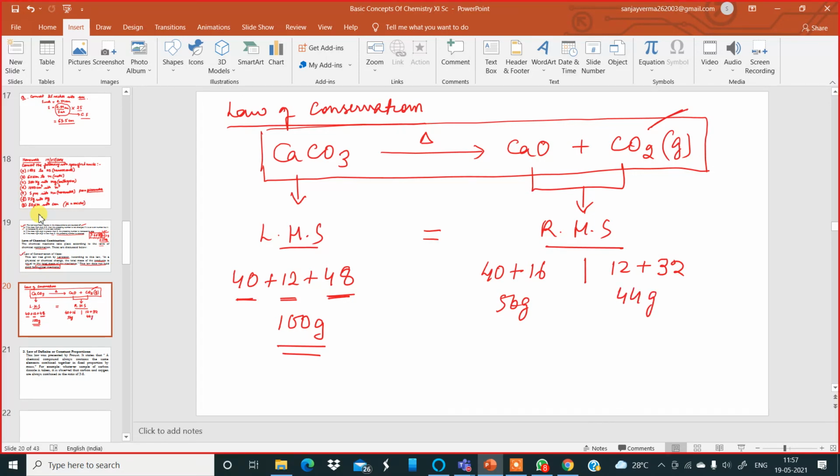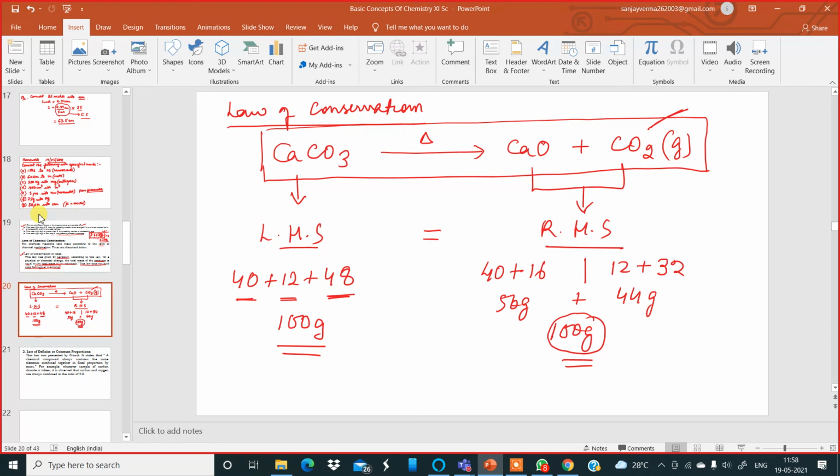Just check: 56 plus 44, again you get 100 grams. Thus proving that the law of conservation of mass holds good only when the reaction is carried out in a closed chamber. But keep in mind always that the law of conservation of mass does not hold good for nuclear reactions.